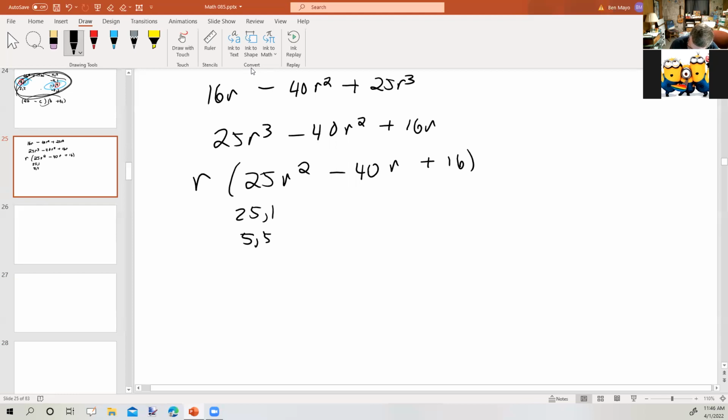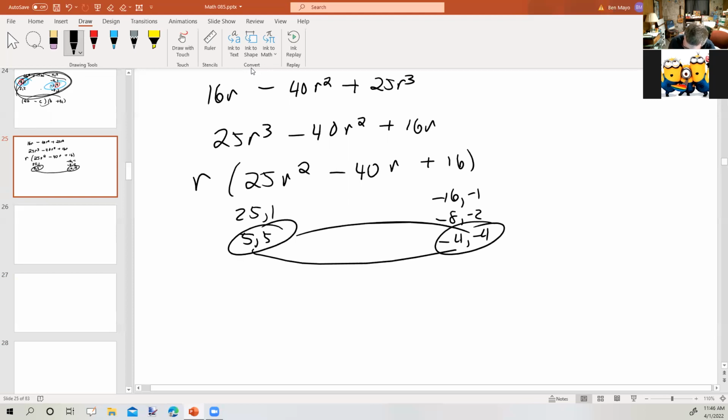Let's see, my final term is positive, my middle term is negative, so it's going to be negative 16 and negative 1, negative 8, negative 2, negative 4, and negative 4. Okay. So what am I looking for? I'm looking for minus 40 in the middle. And you know what? It's right here because there's minus 20, minus 20.